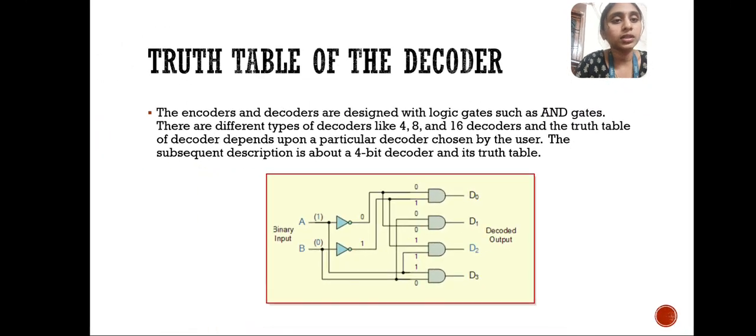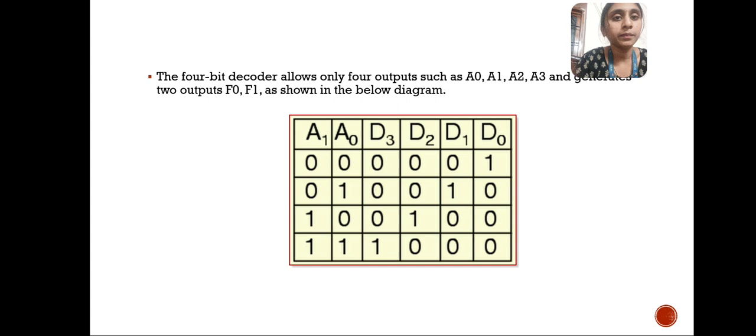Based on that, the circuit is designed. In the 4-bit decoder truth table, if the selection inputs are 0 0, then all except D0 are 0. For 0 1, D1 is 1, and for 1 0, D2 is 1. If both are ones, D3 is 1.